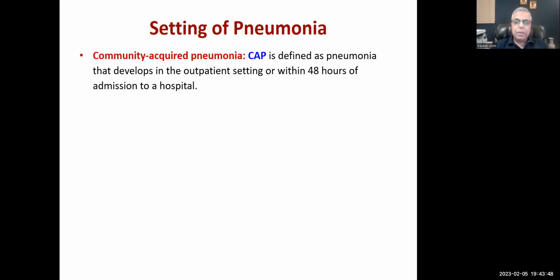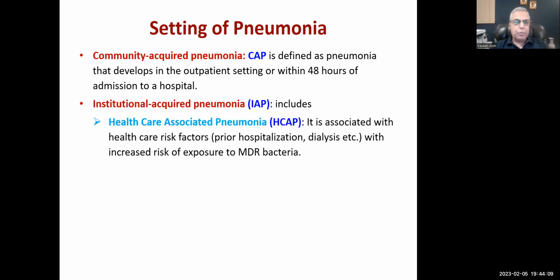But sometimes you admit the patient for chest complaints or something else, and within 48 hours he develops pneumonia, you diagnose pneumonia. So that is also community acquired. That is not hospital acquired. Hospital acquired pneumonia has a different definition.